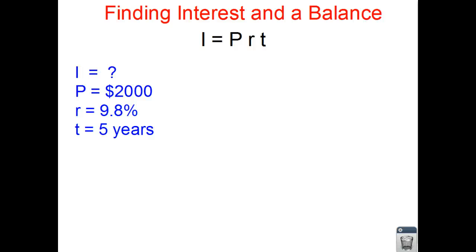All right, so I is missing. That's equal to the principal amount, which is 2,000, multiplied by the rate, which is 9 8/10%, multiplied by the time, which is 5 years.